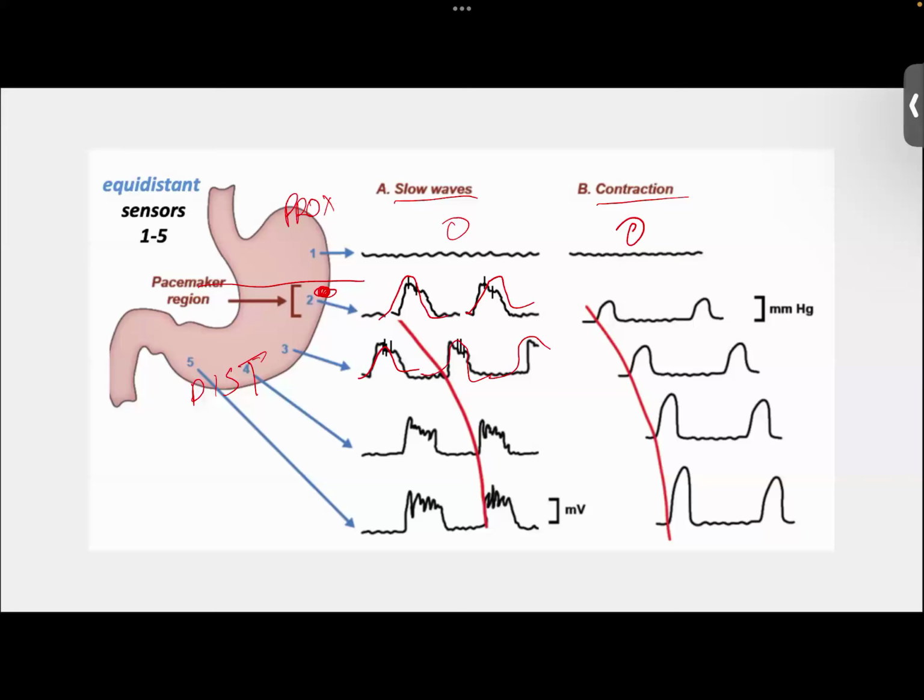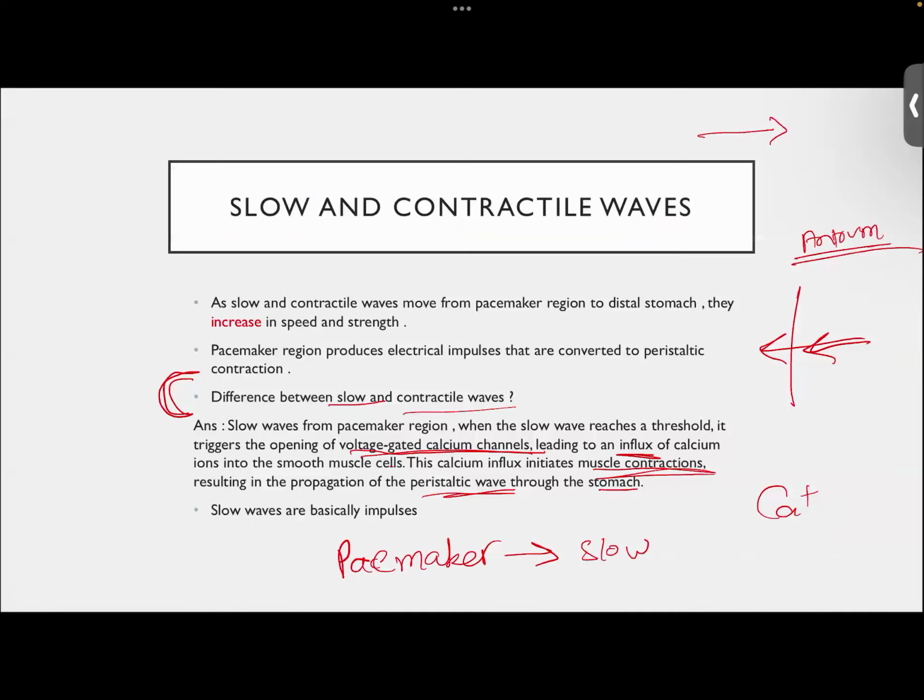And then, as you see, once you move more distal, once you move to the antrum, the slow waves, their amplitude remains the same, but they get longer. Look, this is how long it is in the start, and then look at how much longer it is later. And the contractions increase because the slow waves, obviously, are becoming longer. The contraction is increasing towards the antrum, and that's what I said over here.